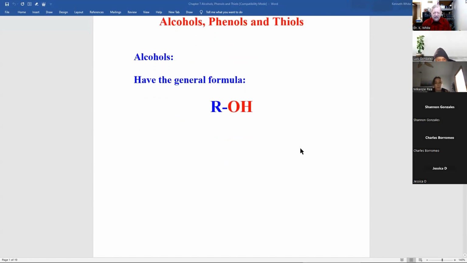I mentioned it last time. OH is called the hydroxyl group. I'll never ask on a test what's OH, but I'll use that terminology, and you should know that's a hydroxyl group. When you have a hydroxyl group on a carbon, remember R means anything with a carbon, you have an alcohol.